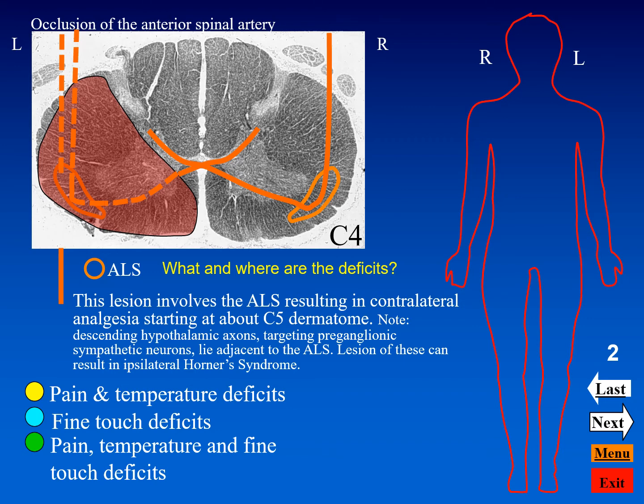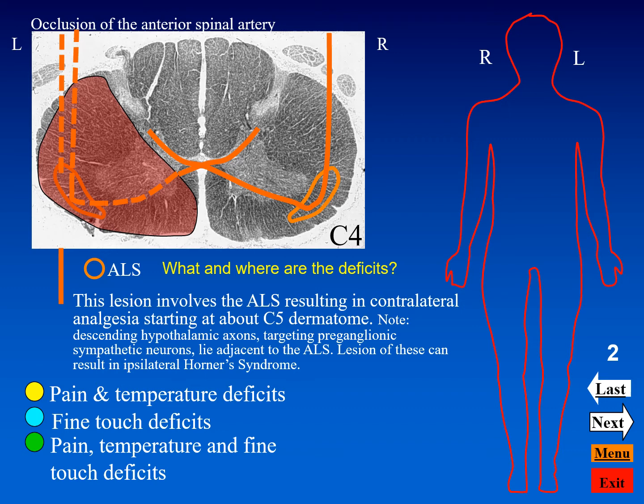And anything below C4 would probably be coming up through that spinothalamic tract on the left side. The deficits, because it has already crossed over, would be on the contralateral side of the body, because the spinothalamic tract represents crossed fibers.